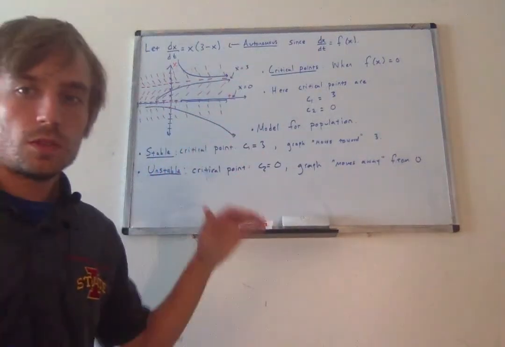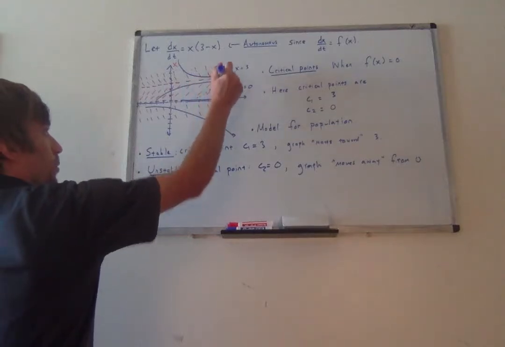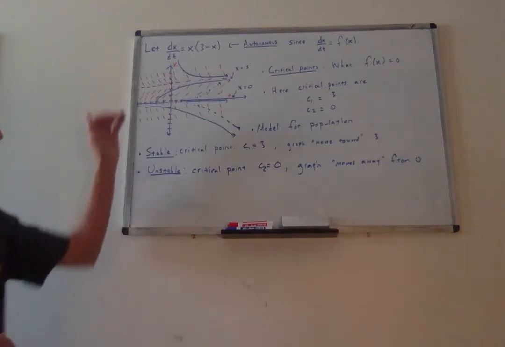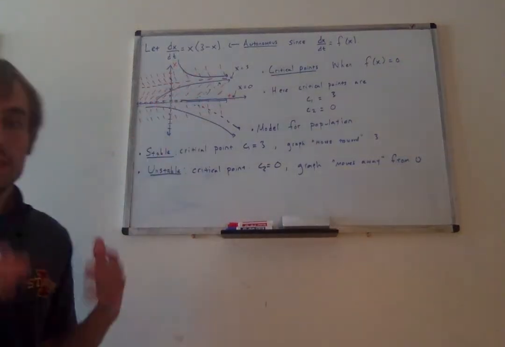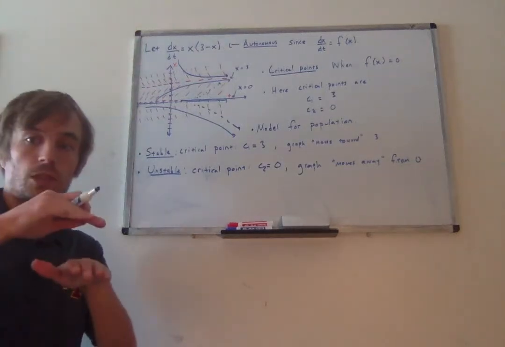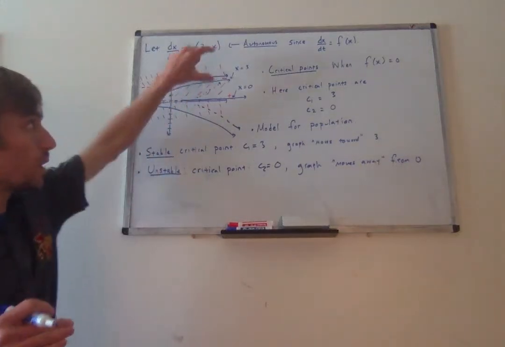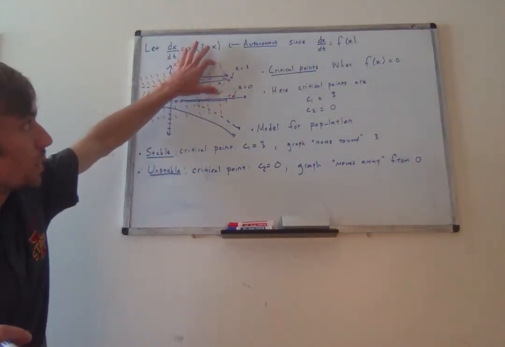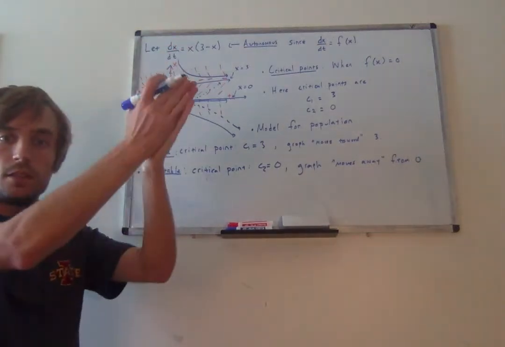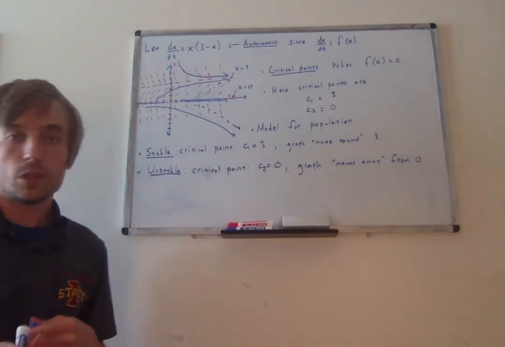And if we're tending away, notice even if we start very close to 0, our solution curve will always take us up or down depending on what side of 0 we're on. And so in this way, no matter how close we start to 0, the graph will run away from 0. For x equals 3, as long as we start in one of these two regions, the graph will tend towards 3. So stable is the graph tends towards that critical point. Unstable is the graph veers away from that critical point.